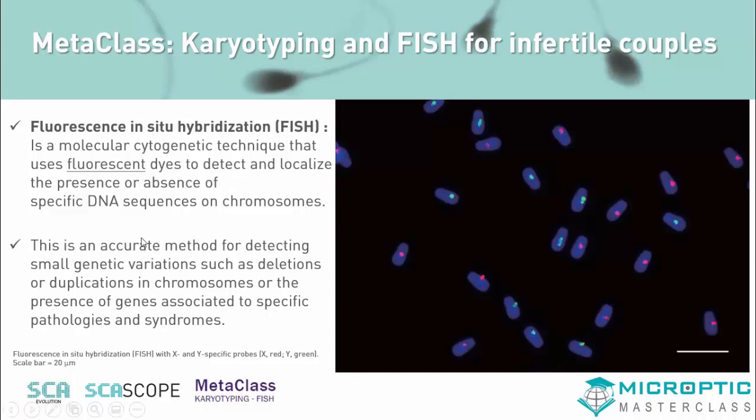This is an accurate method for detecting small genetic variations, such as deletions or duplications in chromosomes, or the presence of genes associated with specific pathologies and syndromes. For example, in this image, the red dots are the X chromosome and the green is the Y. So here we can see if there is a problem in these two chromosomes.